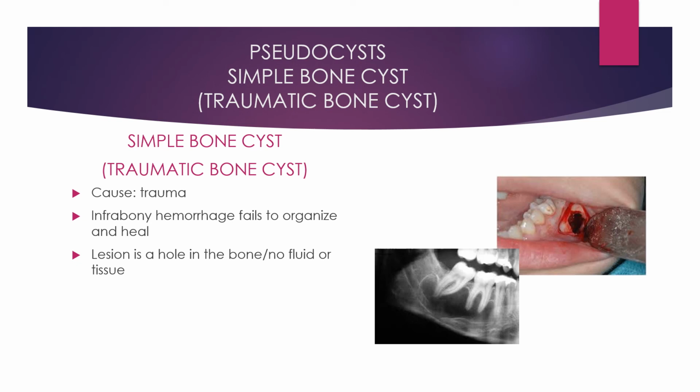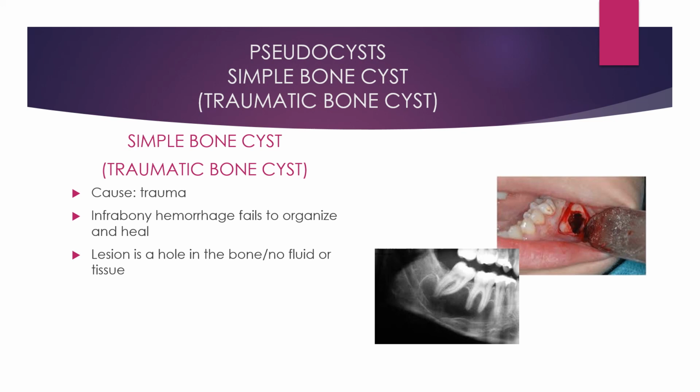The simple bone cyst or traumatic bone cyst is an interesting kind of lesion. The cause is trauma. We think there was trauma to the mandible, where it usually occurs. What we think happens is that there's trauma, but there is no hemorrhaging into that traumatic space.